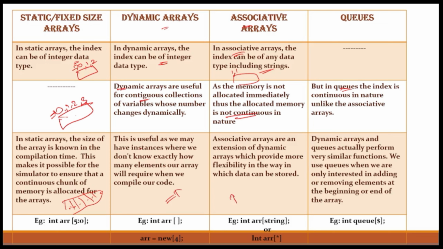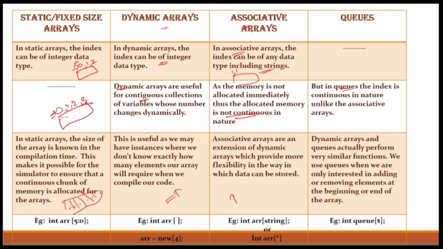Actually associative array is also used in that way only, but associative array is more flexible compared to dynamic array, because it has many methods and is much more advantageous. So when we want memory which is a far larger amount than that of dynamic arrays, then we go for associative arrays.